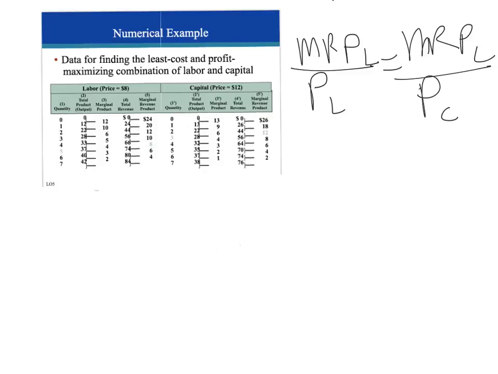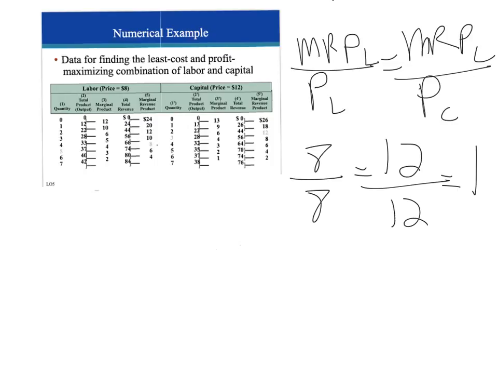And so again, through trial and error, and to save time, we'll find here that it's the fifth unit of labor. It gives us a marginal revenue product of 8. The price of labor is 8. And here we see that the third unit of capital gives us a marginal revenue product of 12, and the price of capital is 12, and that equals 1.